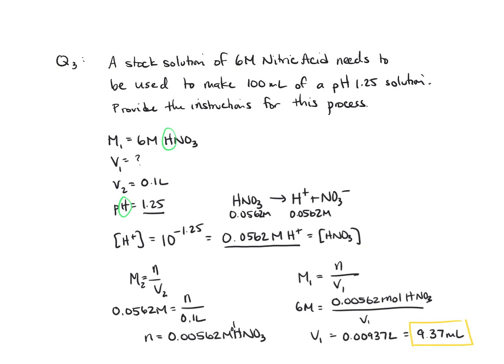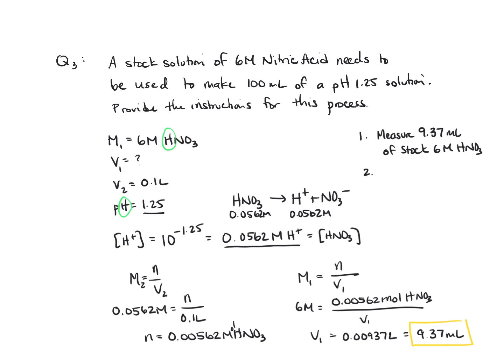Our question says, provide instructions for this process. So 1, measure 9.37 milliliters of stock 6 molar HNO3.